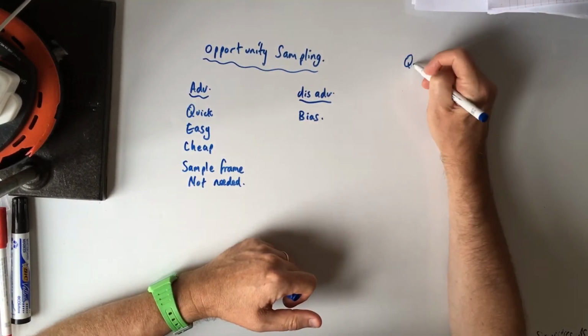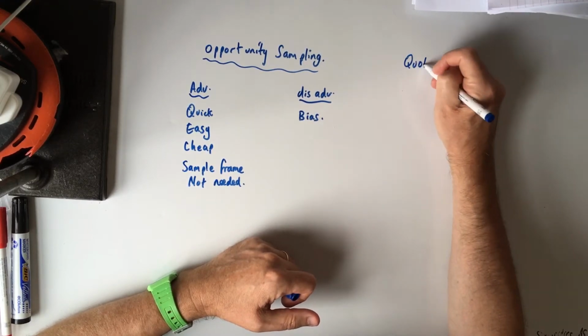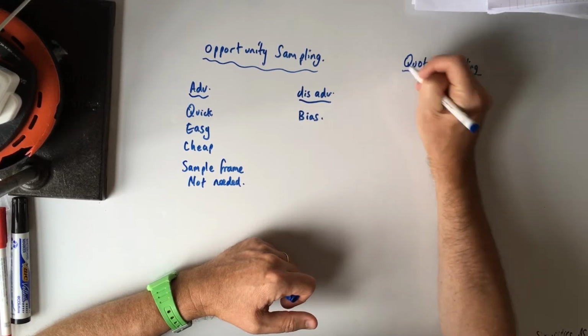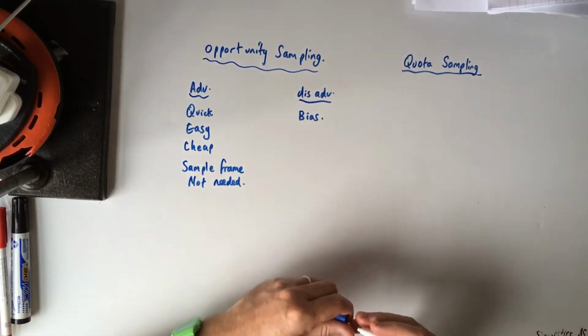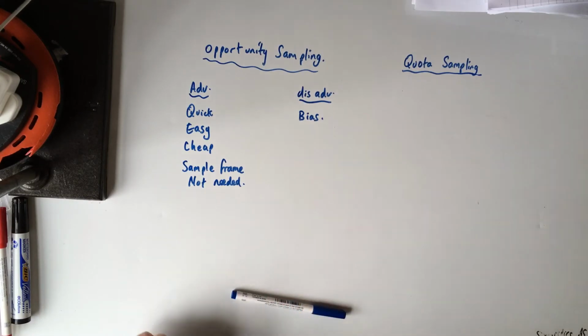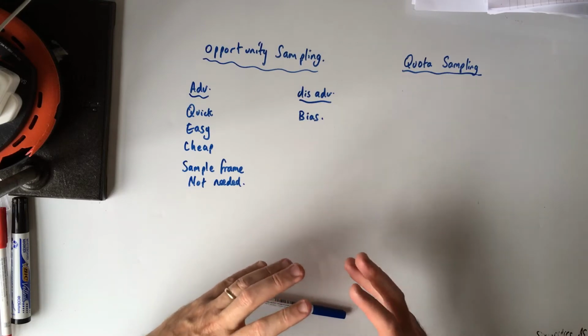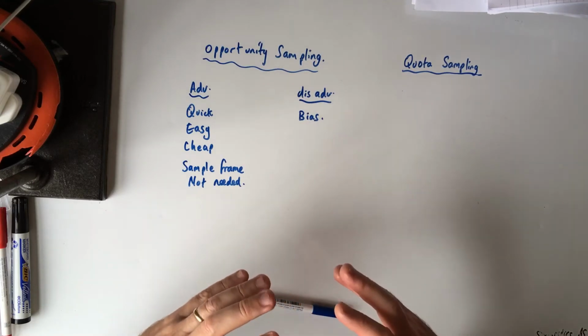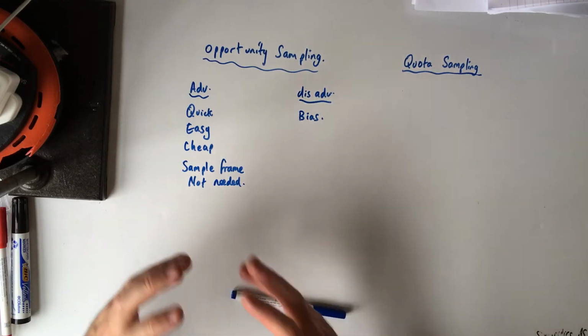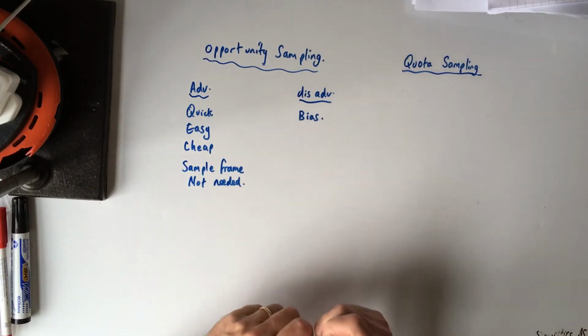The other one, which I've done second, though it's the other way around in the book, is quota sampling. As I understand it, quota sampling is the same as opportunity sampling. You collect the data in the same way, but when you're doing quota sampling, it's like stratified: you want different categories. Once you get that data in, you split it into different groups of people.